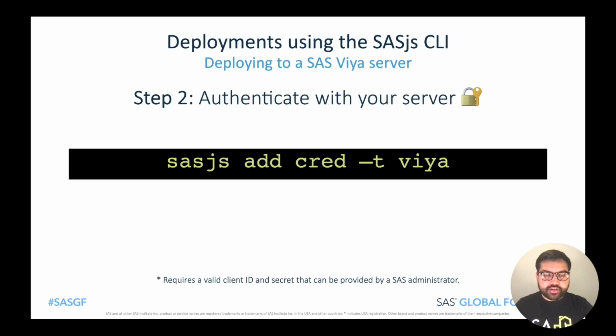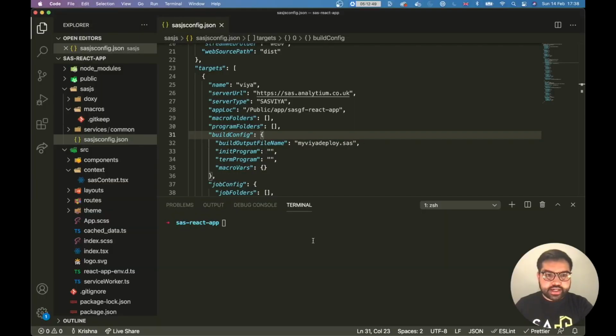So I'll go back to my VS Code and use the integrated terminal here to run the SaaS.js add cred command. I'm going to give it the target Via. I'll use a client ID and secret that I've generated earlier.